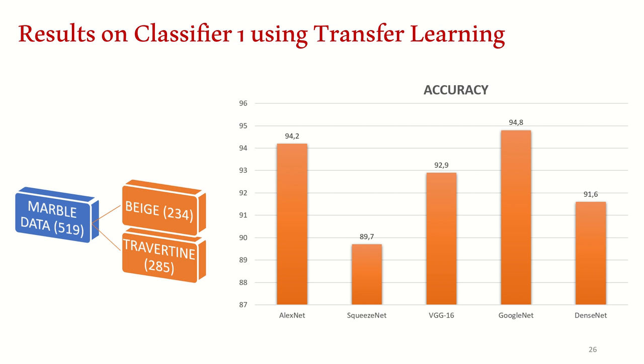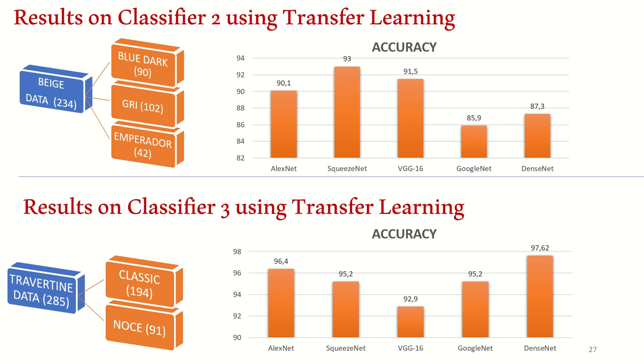So the first classifier result here, as you see, we use the best 5 models, and GoogleNet has 94.8% accuracy to classify beige and travertine marbles. And we have classifier 2 for the beige subclasses: SqueezeNet has the best result with 93%.